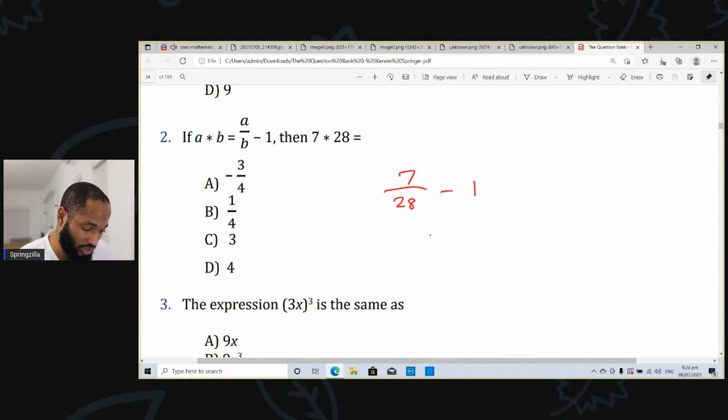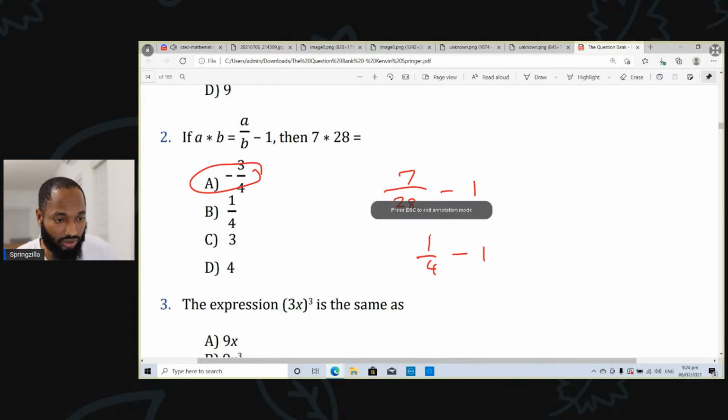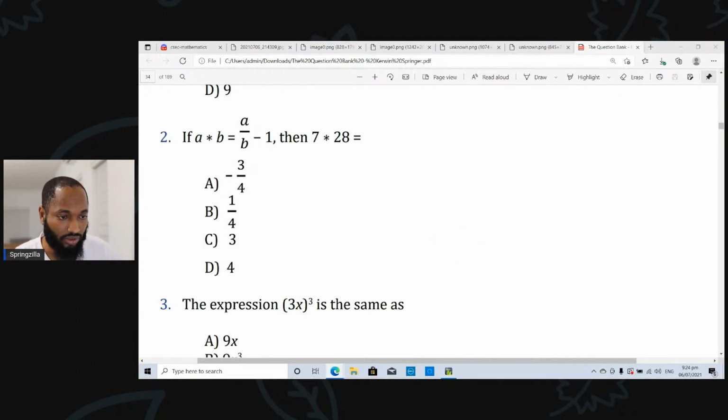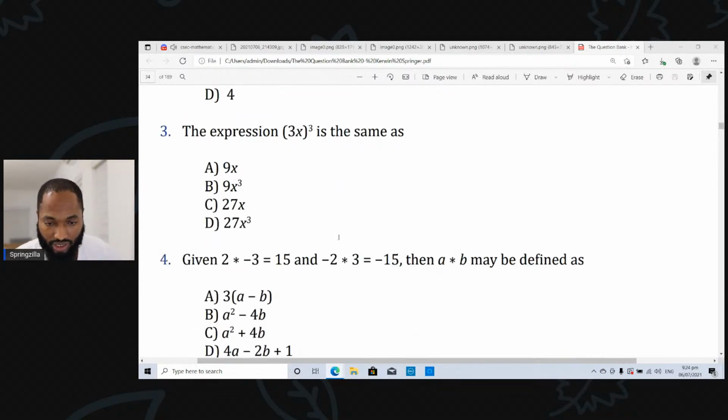Okay, so what is this? A quarter minus 1. Negative 3/4. The expression 3x cubed is the same as the 3 cubed and the x cubed. So that is just straight up B.